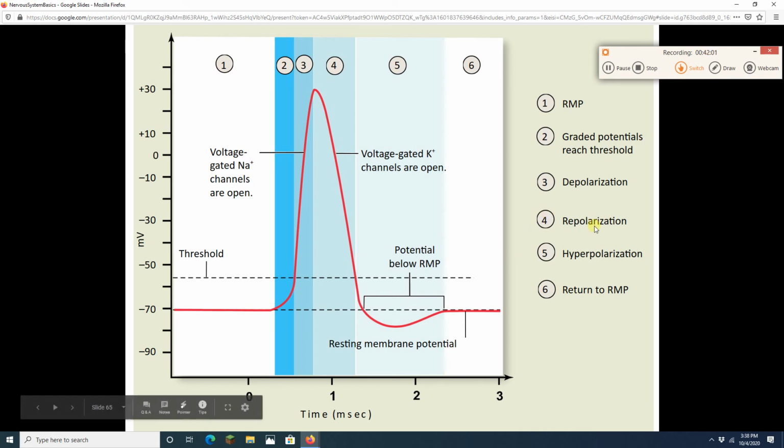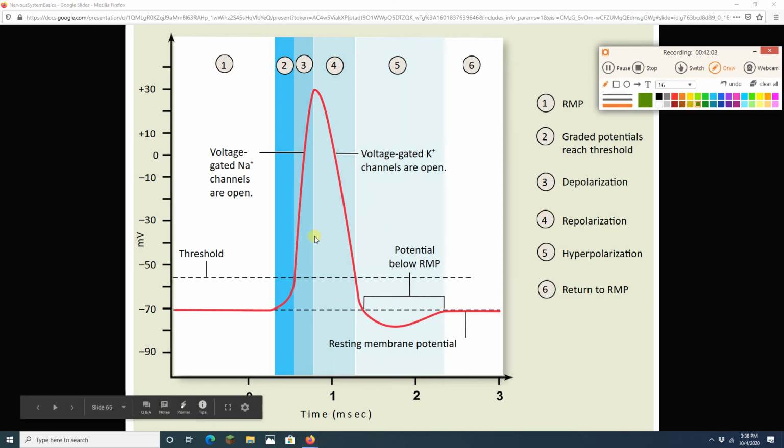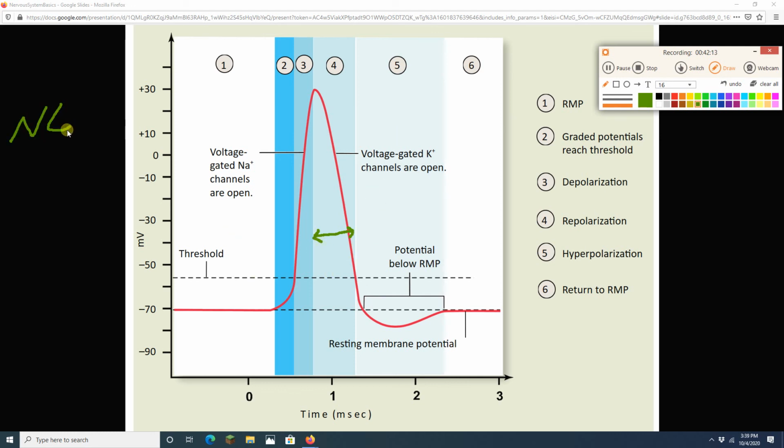Remember that during this period of time, right here, the repolarization phase, what's going on with the sodium channels? They are inactivated. They're turned off. And it was important because it stopped my action potential from turning around.